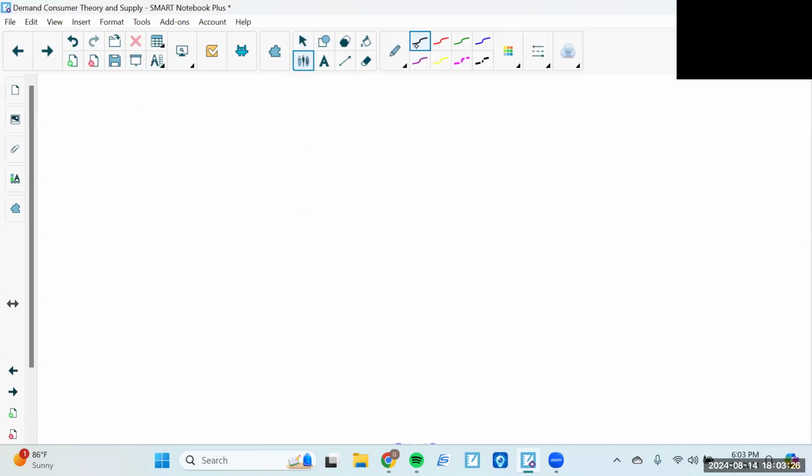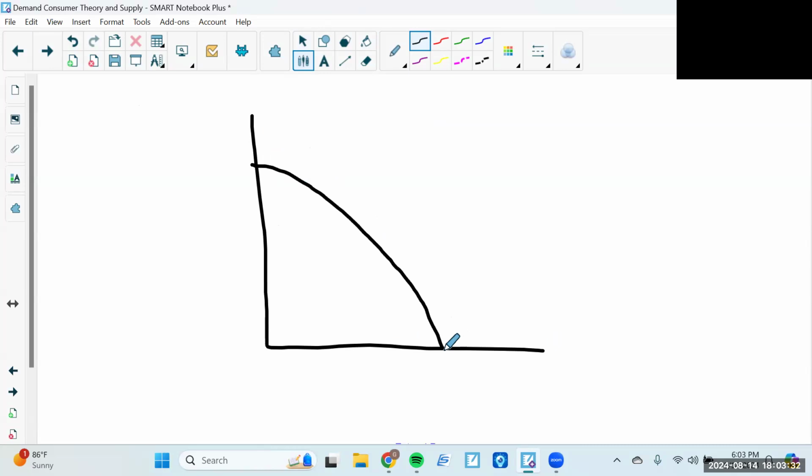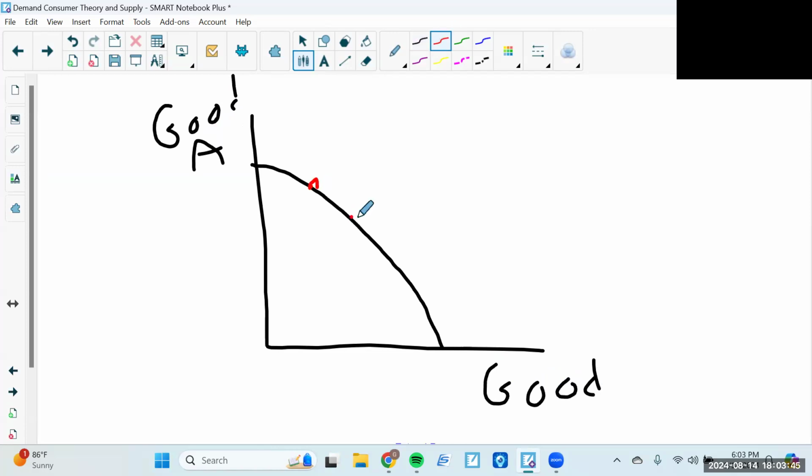And so we now have less land, labor, capital, and entrepreneurship, so we can't possibly produce as much as we want to. So if you have good A here and you have good B here, anywhere on this curve is how much we can possibly produce with all those workers.